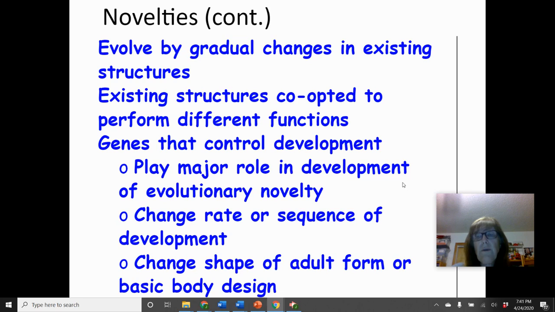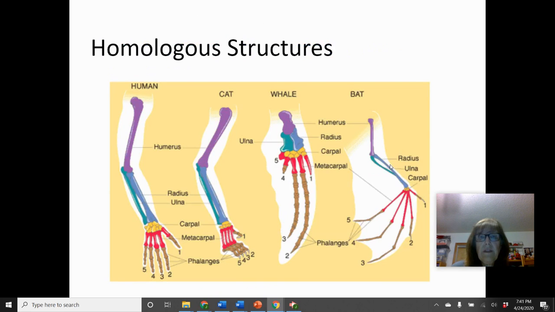It's the genes that play a major role in the development of these evolutionary novelties that may change the rate or the sequence of development, and they may change the shape of the adult form or the basic body design of a particular organism. And if it changes into something that best allows it to adapt, survive, and reproduce in that environment, then it will.